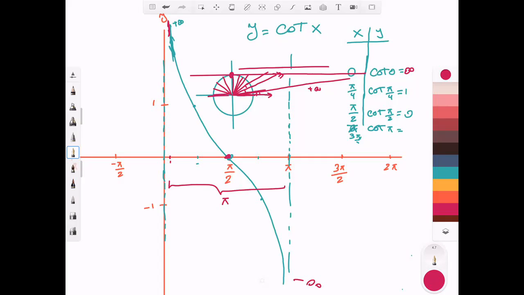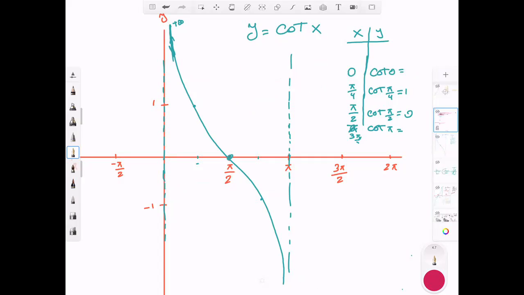Is that too much? Looks advanced. I know right now you love sine and cosine. The good thing is most of the questions in the exam are related to sine and cosine. But you need to have some idea of how the graphs of cotangent and tangent look. All right? And you do have an idea. Any question?